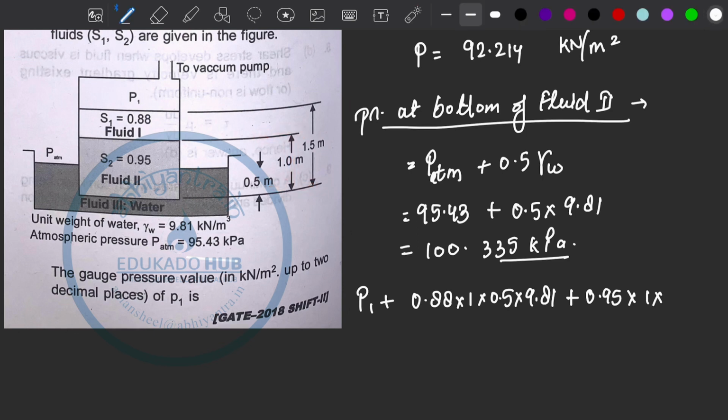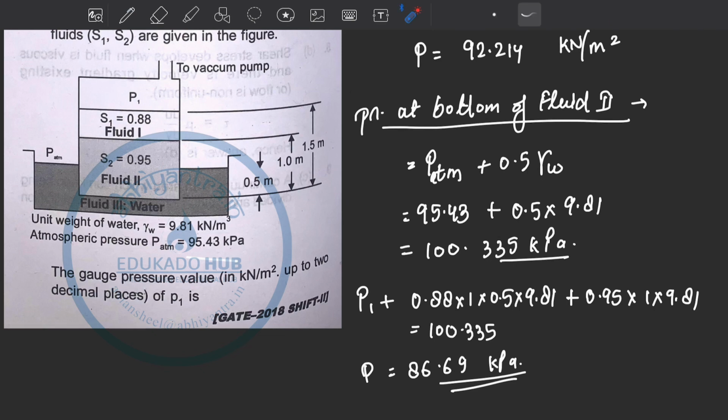So 1 into 9.81, and that will be equal to 100.335. So the pressure comes out to be 86.69 kilopascal. This is the pressure at P1.